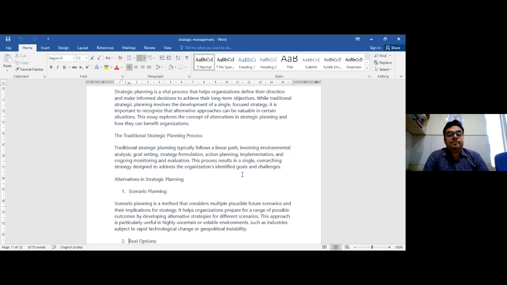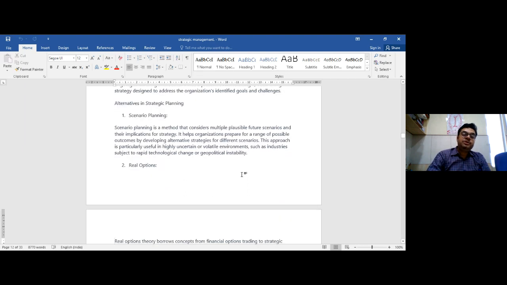This approach is particularly useful in highly uncertain or volatile environments such as various industries which are subject to rapid technological change or geopolitical.